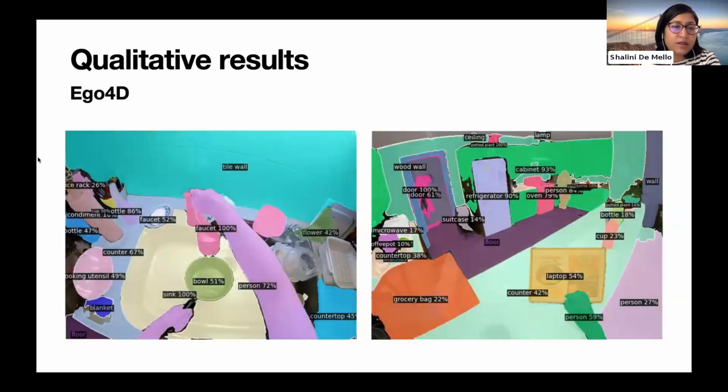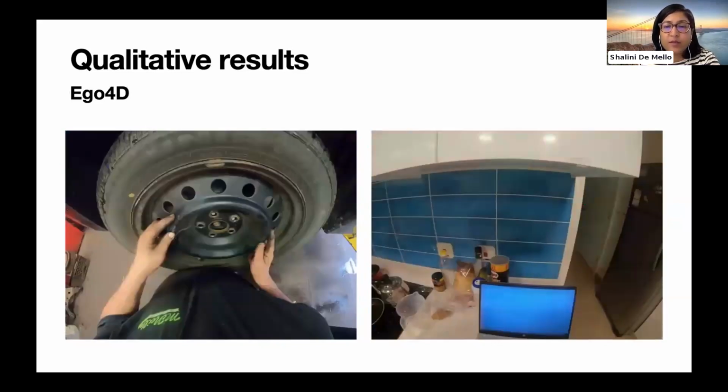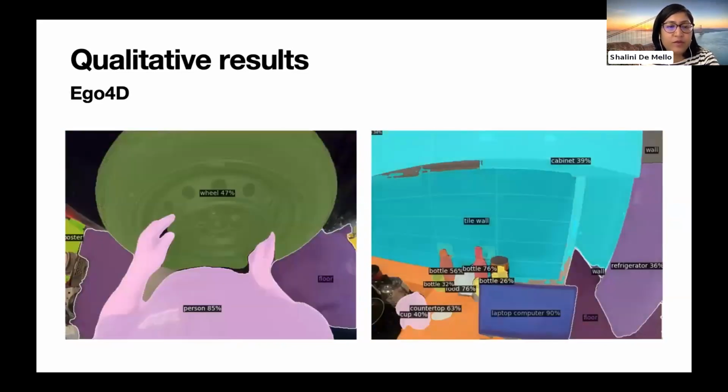And you can see that it categorizes both the stuff categories, for example, the tile wall, wood wall, door, etc., as well as the thing categories in the foreground, laptop, counter, etc. Here's another example, again, from the Ego4D dataset.